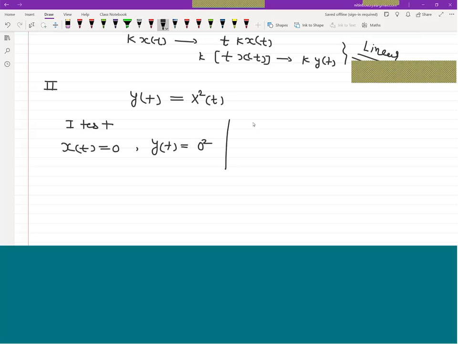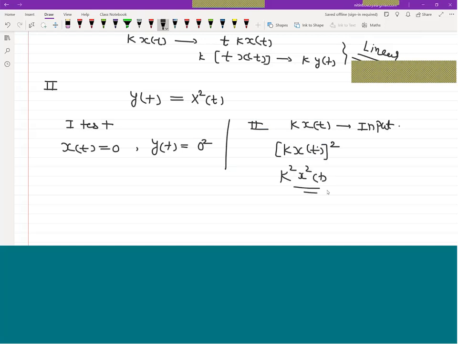But the second test, if input is multiplied by k, if k times x of t is the input, then what is the output? It's k times x of t whole square, and this is k square x square of t.